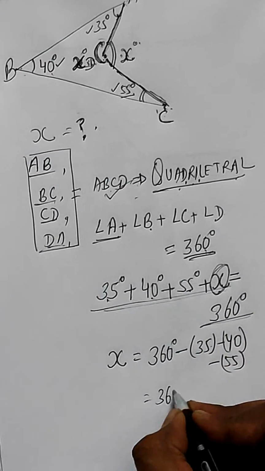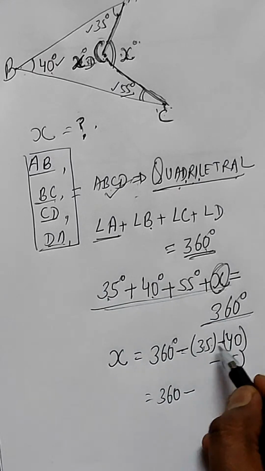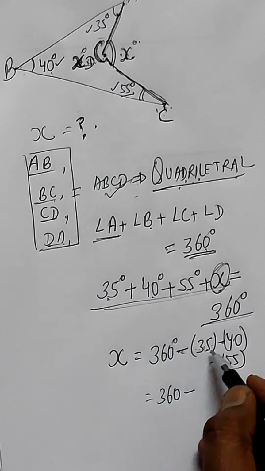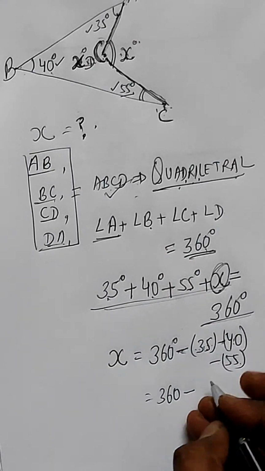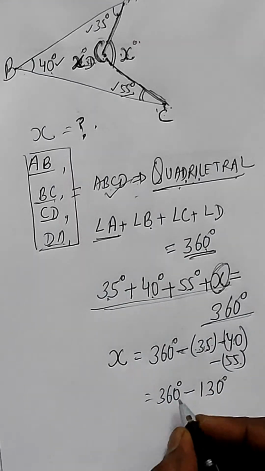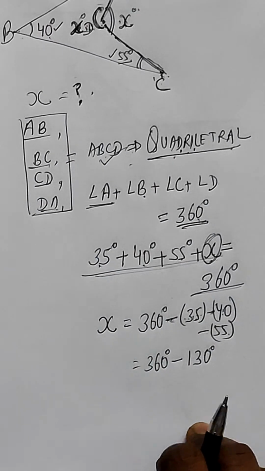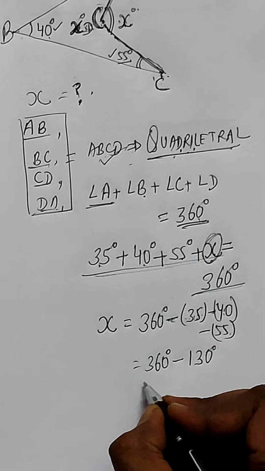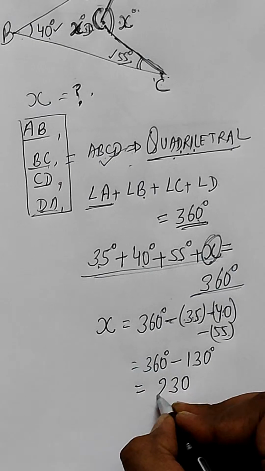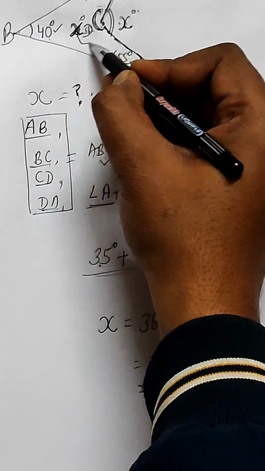So just add up all these negative numbers: 35 plus 40 plus 55, that is 130. So 130 degree will be deducted from 360 to get our answer. 360 minus 130 is coming as 230. So 230 degree is the value of this x.